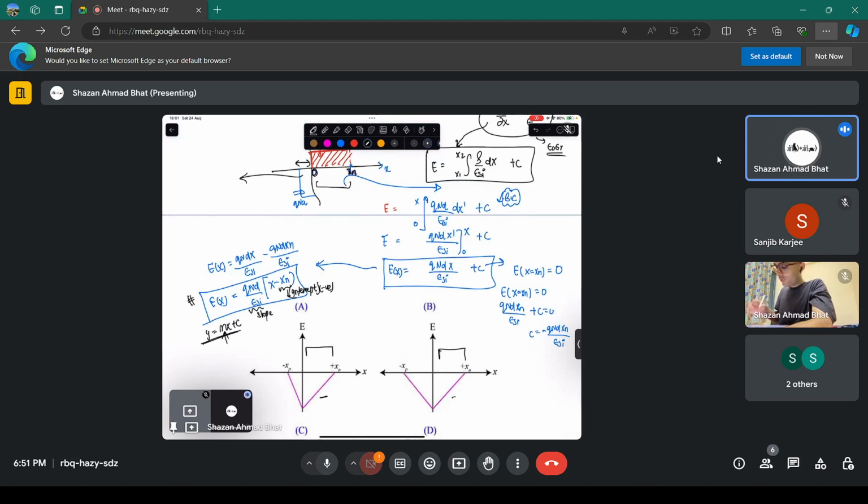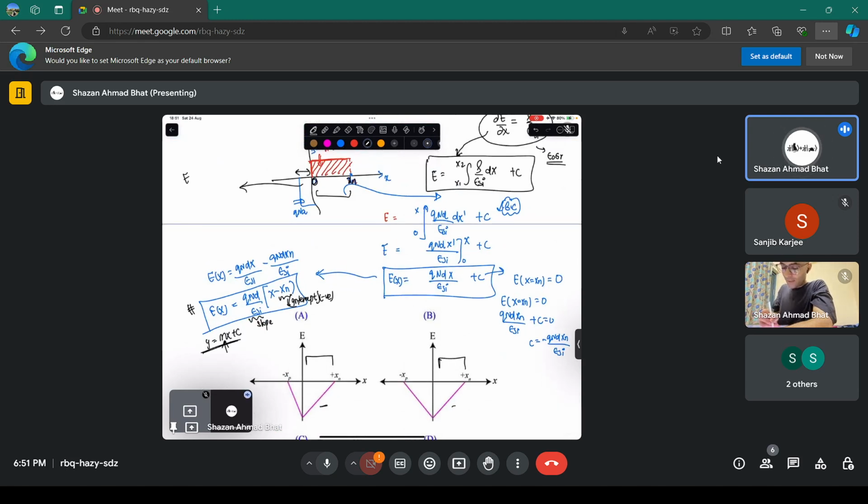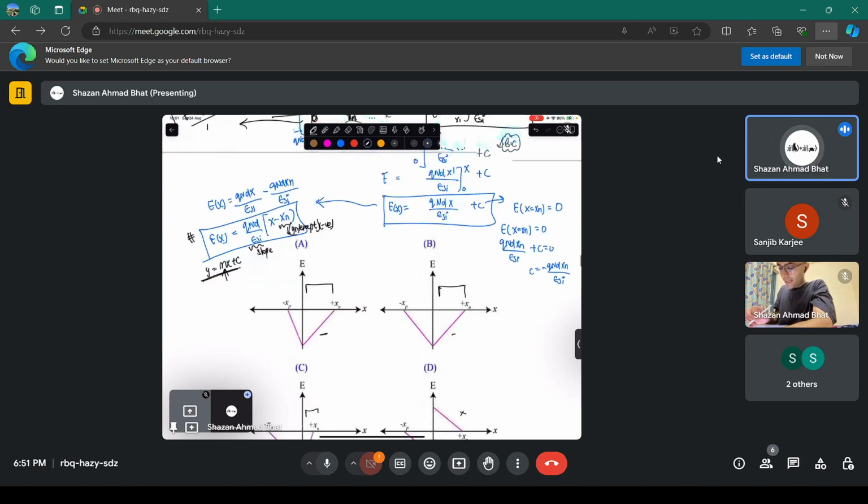Now when you solve this using a similar approach, when you solve the electric field again using 0 to, let's say, x q and a divided by epsilon silicon dx dash plus some constant, you will get a profile which will be something like QNA over epsilon silicon times x plus xn. This will be the electric field as a function of x for x less than 0, greater than minus x of p.